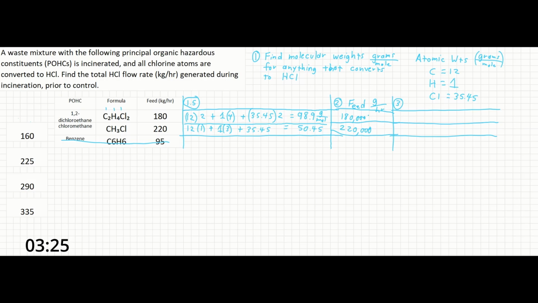And since we have grams per mole and grams per hour, we can now divide column 2 here by column 1.5 and calculate our feed in moles per hour.